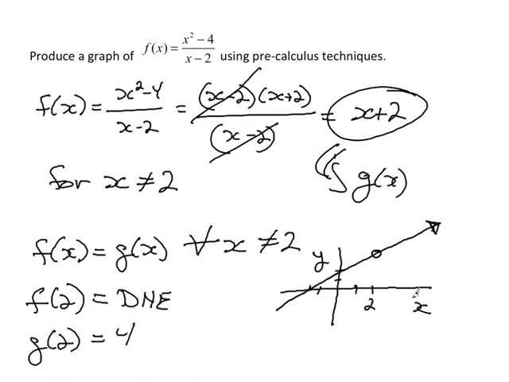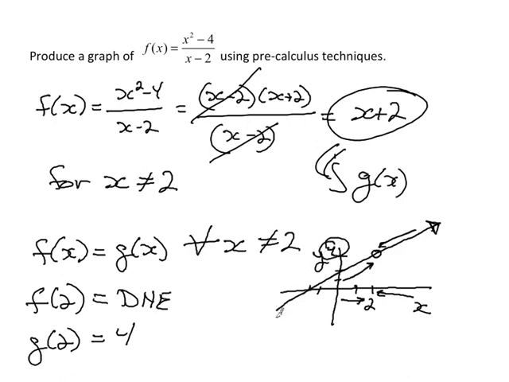As x approaches 2 from the right, along the graph, I'm getting infinitely close to 4. As I approach from the left, on the graph, again, I'm getting infinitely close to 4.